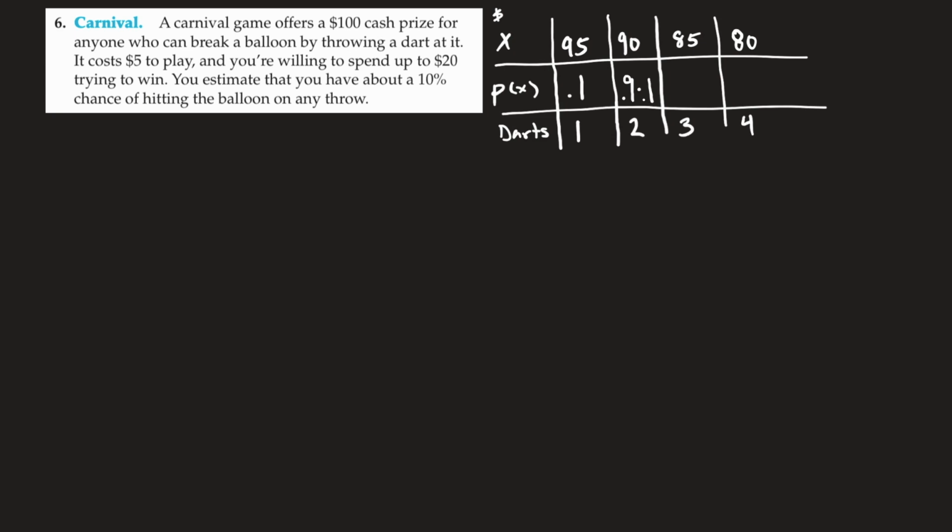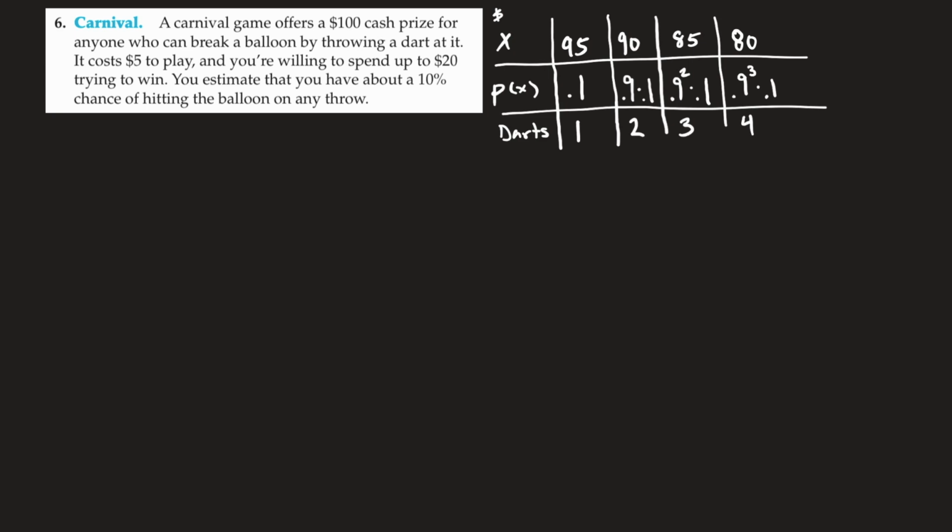So 0.9 times 0.1 is where I'm going to get my probability for winning the dart on the second try. Just the same way, 0.9 squared, because I had to miss it twice to pick my third dart up, times 0.1 to pop it on the third try. In the same way, 0.9 cubed times 0.1 is also going to tell me the chance that I pop the balloon on the fourth try.